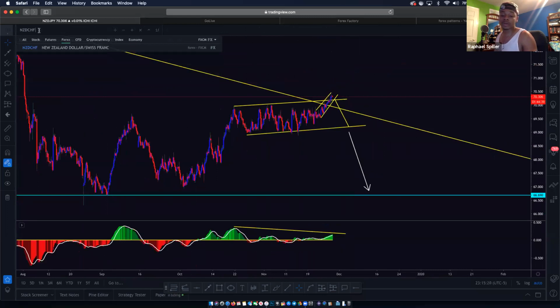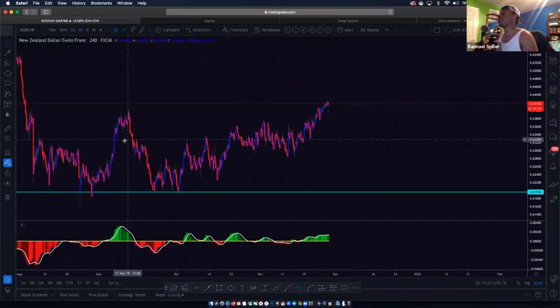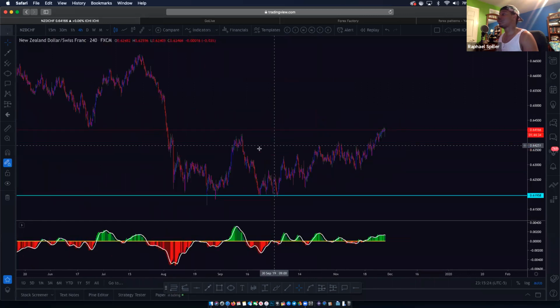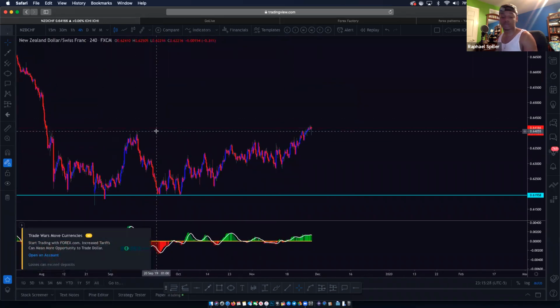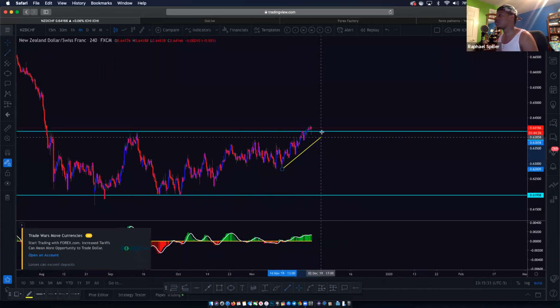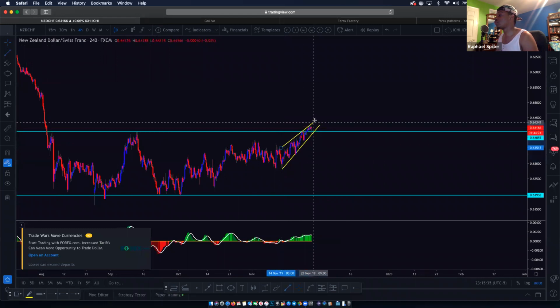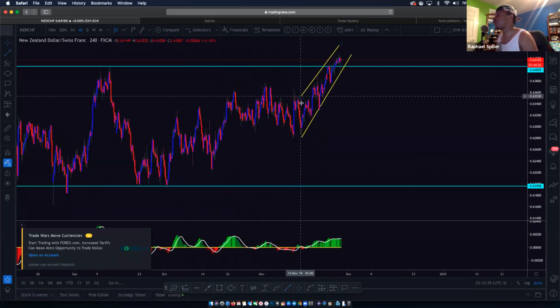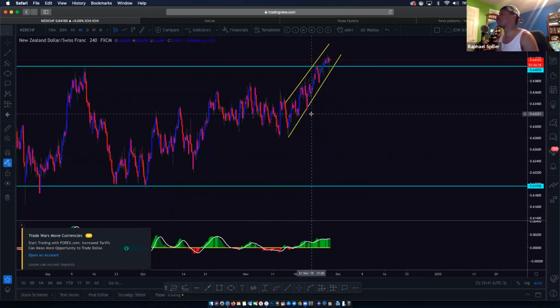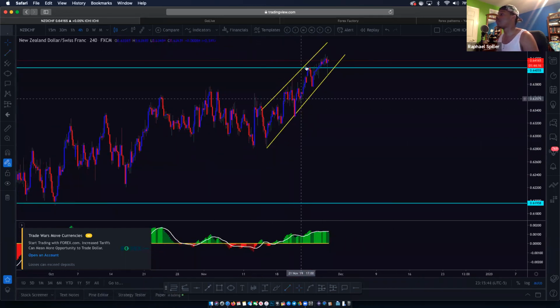All right. NZD CHF. Like I said, don't trade these. This is too steep. I'm liking the reversal pattern still. This is an ascending channel, it's literally bouncing in between this.